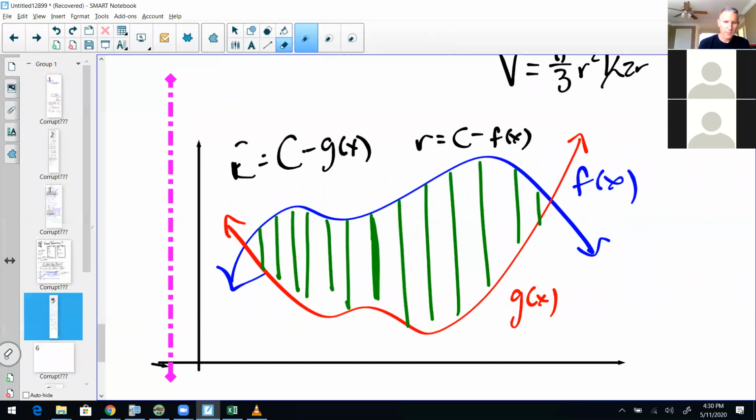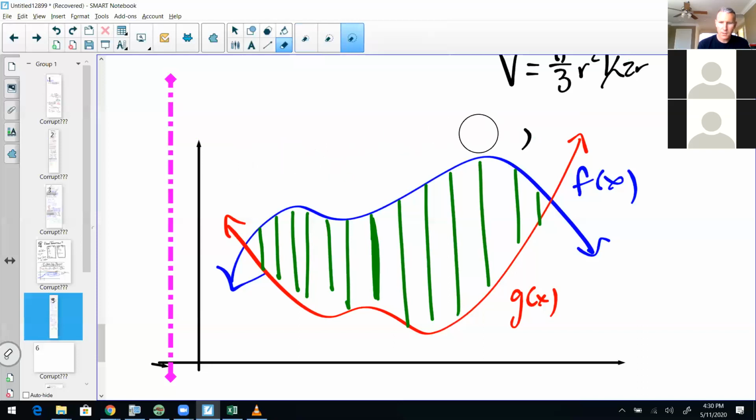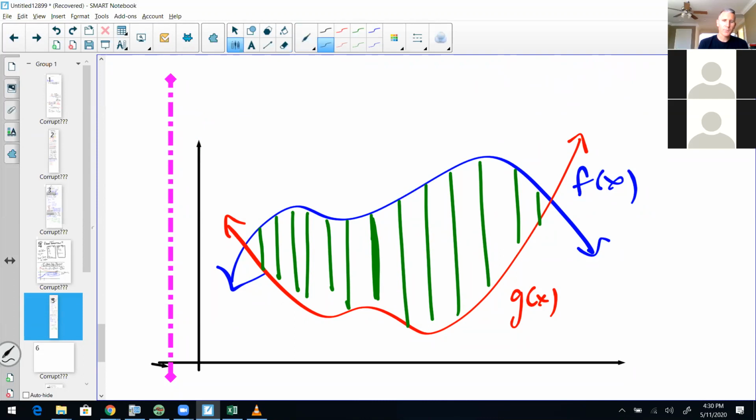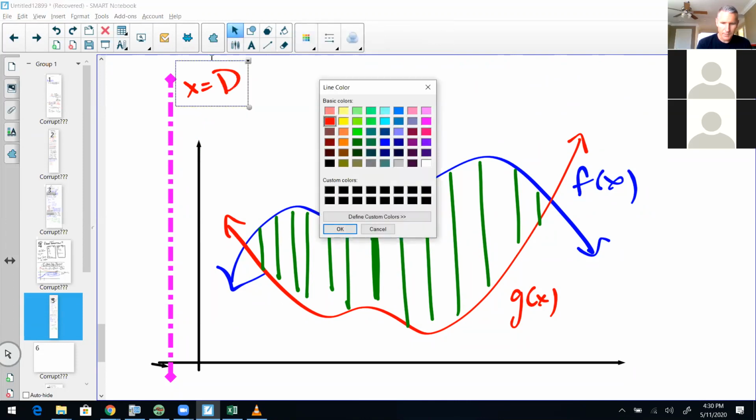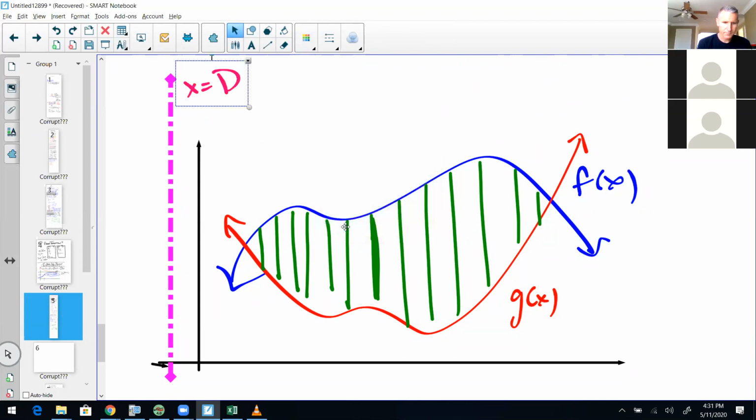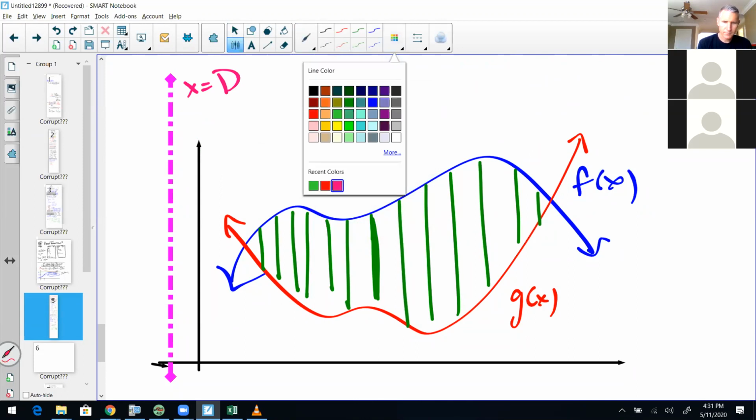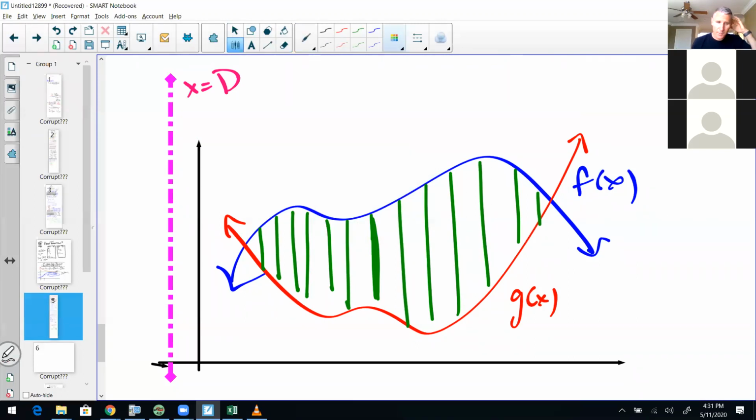So let's get rid of this because that's no longer valid for this problem. So here we go. What if the line I'm rotating about is over there? And let's call this x equals d. I've got to make this pink. Okay, so that's really a purple-y, whatever. Okay, so I'm rotating about this.